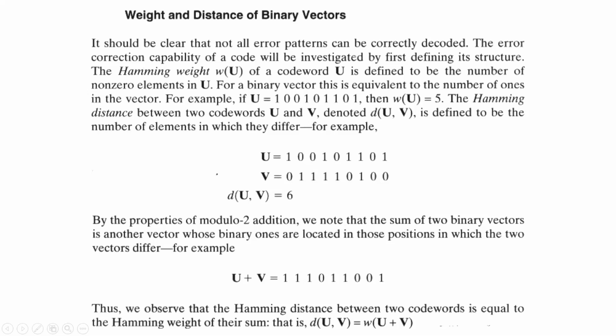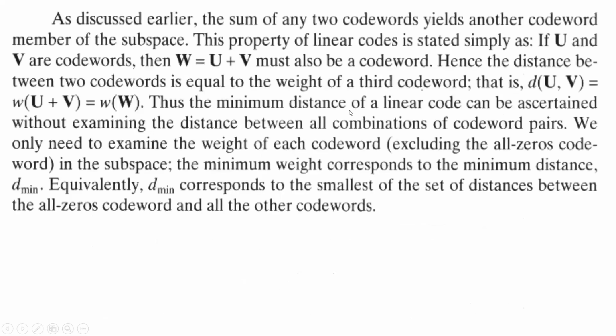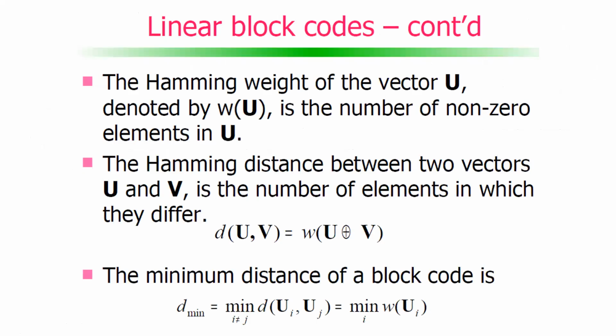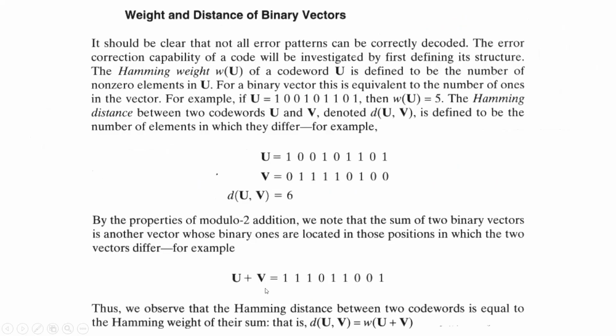So the distance between the two code words is equal to the weight of their sum, right? This is the same property that I have explained here. Now, once you do the addition u plus v, you will get this result.